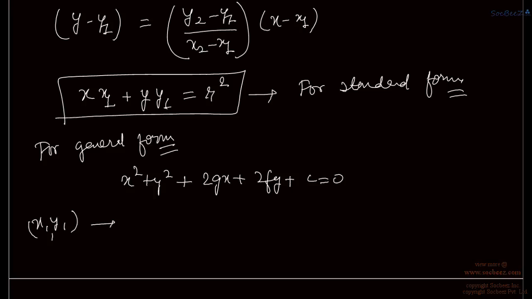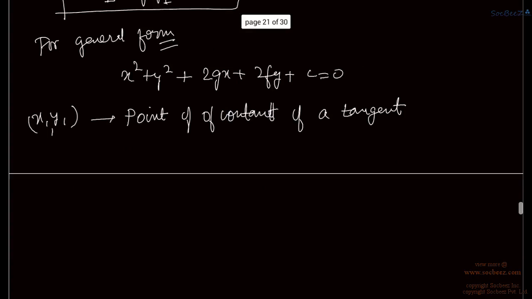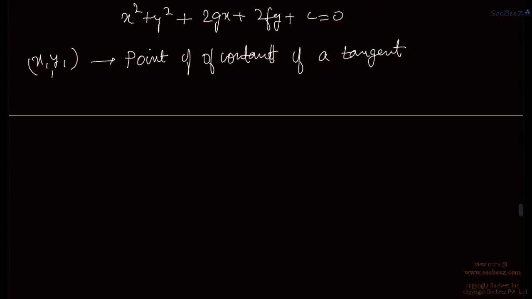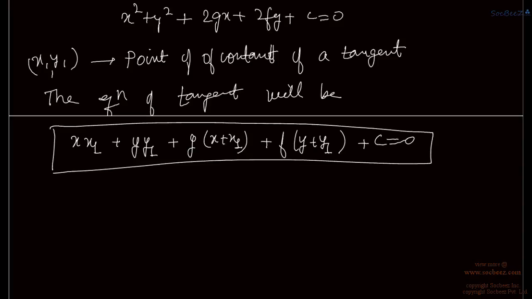So for this form, say x1 y1 is the point of contact of a tangent, then the equation of tangent will be x x1 plus y y1 plus g times x plus x1 plus f times y plus y1 plus c is equal to 0.